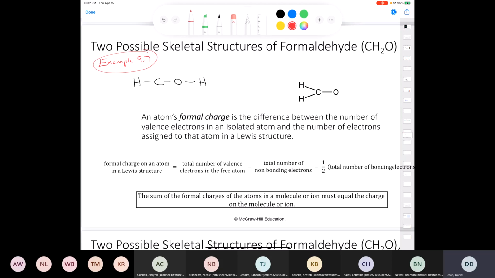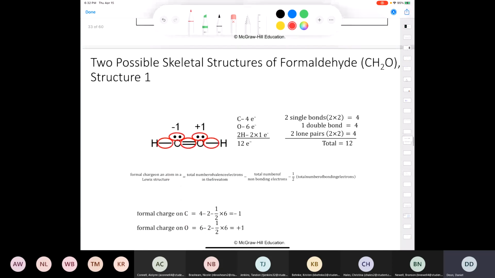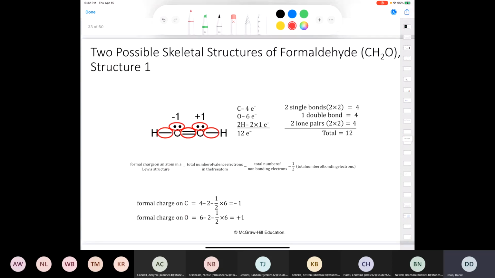And again, I'm not going to go through this in gross and gory detail, but the whole point is that if you draw one of the Lewis structures, and this is not the correct Lewis structure for formaldehyde, you end up with what are called formal charges. Now, if you're like, what's a formal charge? A formal charge means that you have a charge which is either +1, -1, could be a +2 or -2, but we try to avoid those.